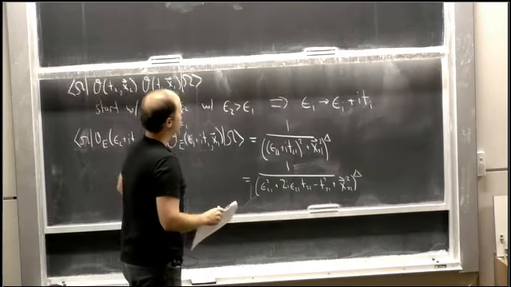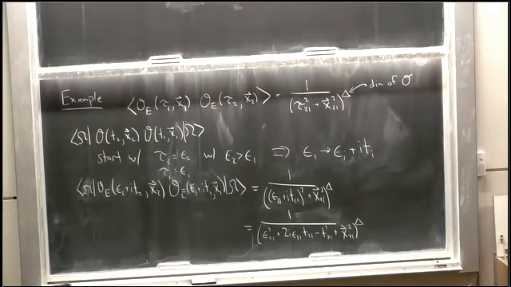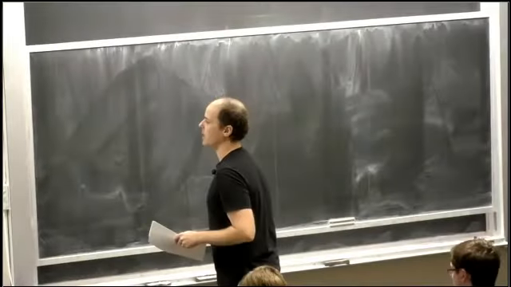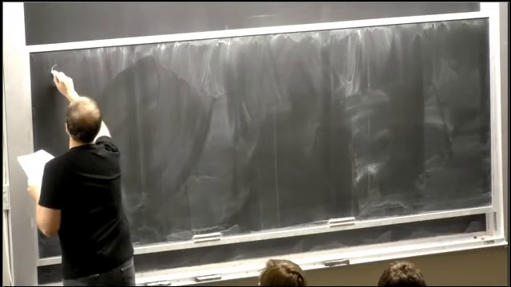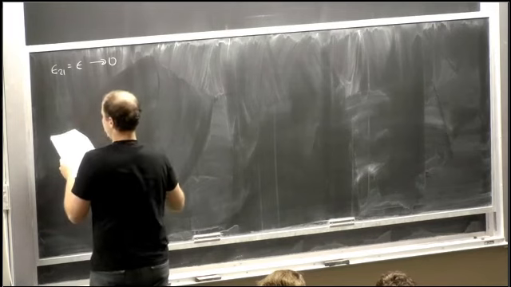Okay. And finally, the last step is to just take epsilon 21 to 0. And I'll call that epsilon. So we're going to take that to 0.